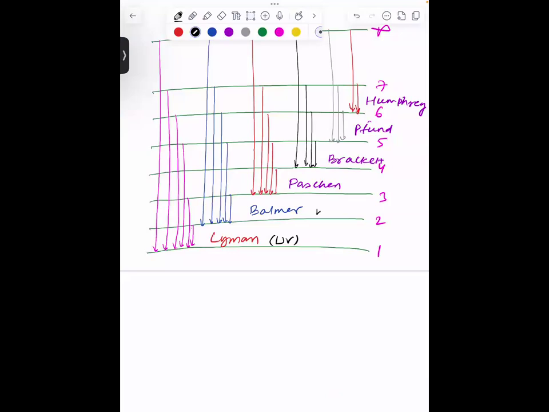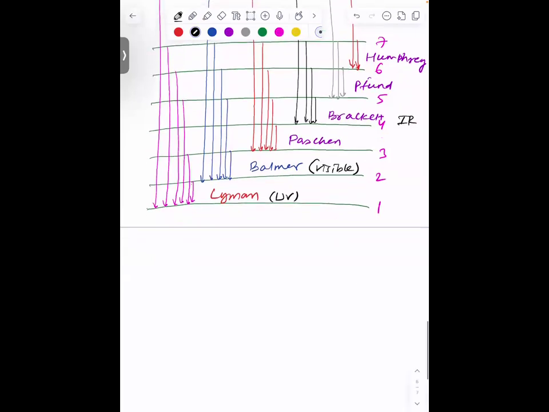The Balmer series is in the visible region, and all others come under the infrared region. Again repeating: Lyman series, ultraviolet region; Balmer series, visible region; and all others come under the IR region, that is the infrared region.